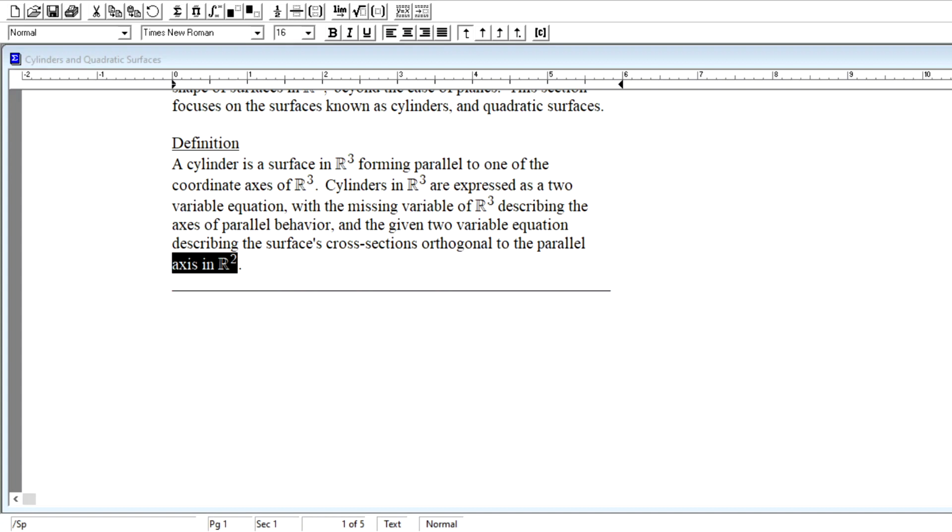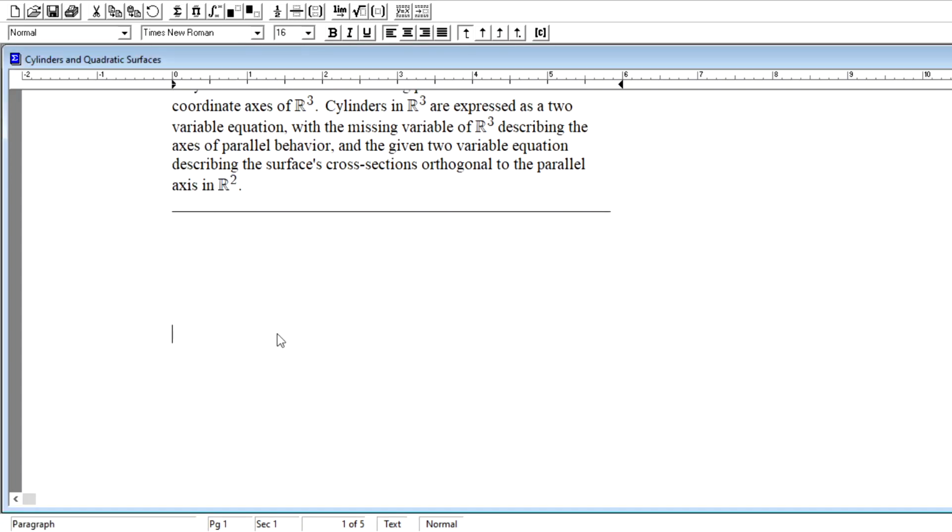Let's look at a couple of examples here to help explain what we're going to see in the case of a cylinder. And here's our first example illustrating a cylinder in three-dimensional space. If we consider this equation to represent a surface, we will note that it only involves two variables.